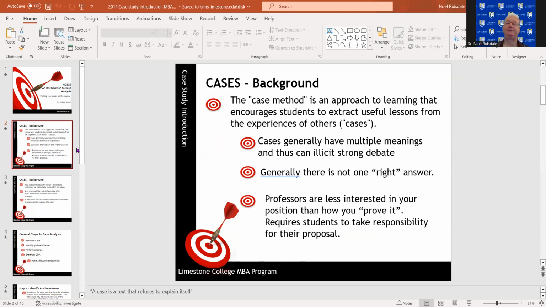And this last statement here is very important: I am not really interested in what you do. I'm just asking how you prove it. So I want you to really take a look at this and see how you could solve this problem. How would you solve this problem? What resources would you be using to do that?